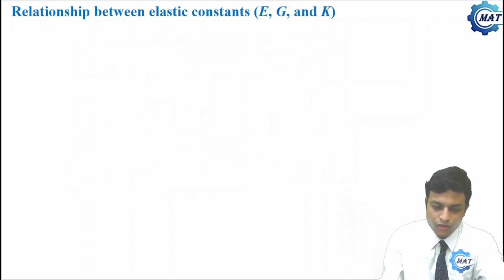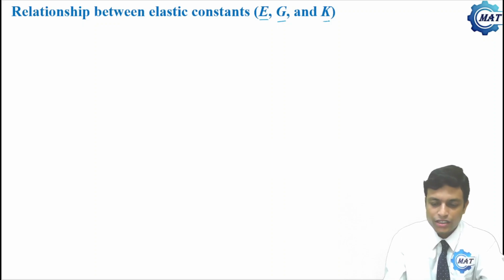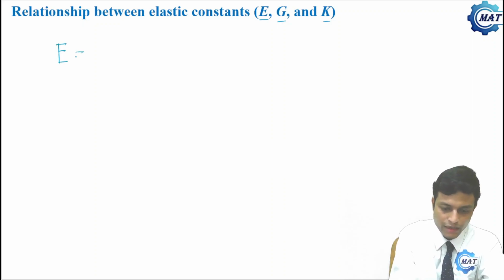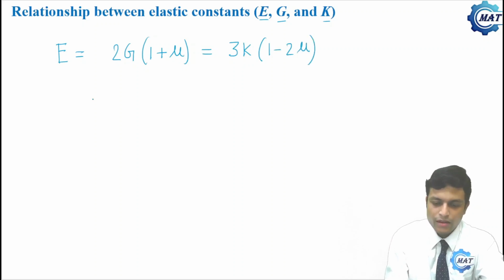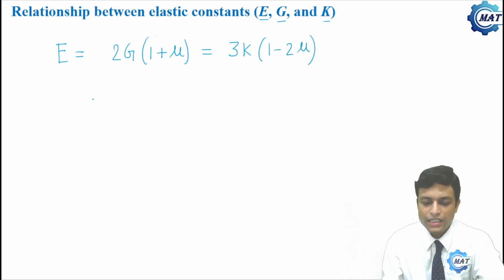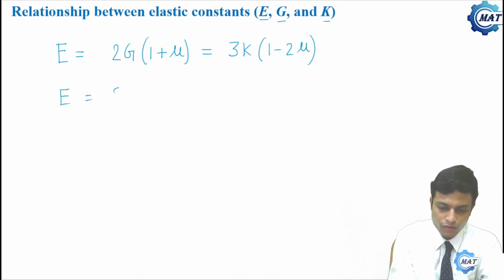Now we have studied three elastic constants, that is E, G and K. Now what is the relationship between them? We know that E is 2G(1 plus mu), which is equal to 3K(1 minus 2 mu). Now what is the relationship between E, G and K? E equals 2G(1 plus mu).